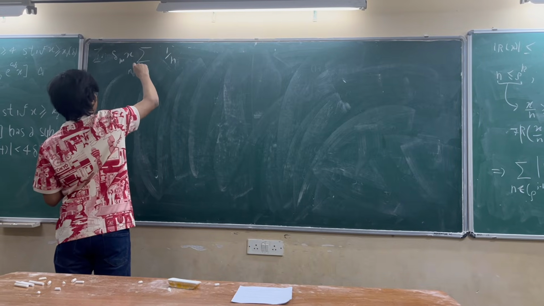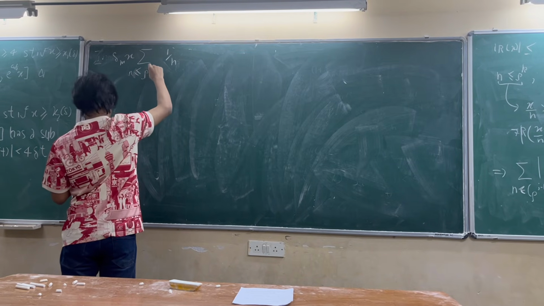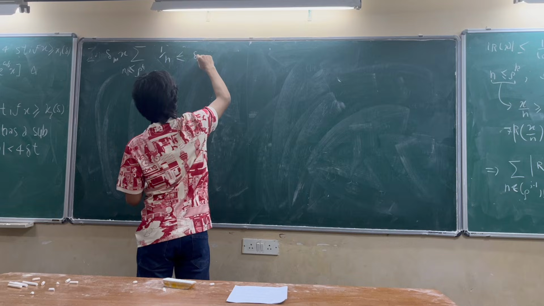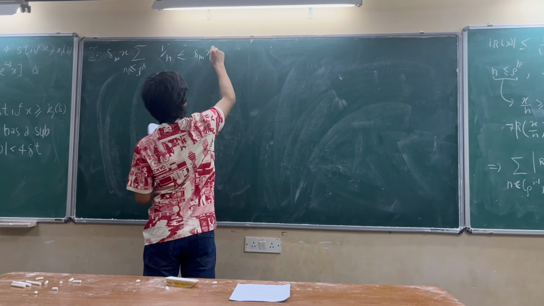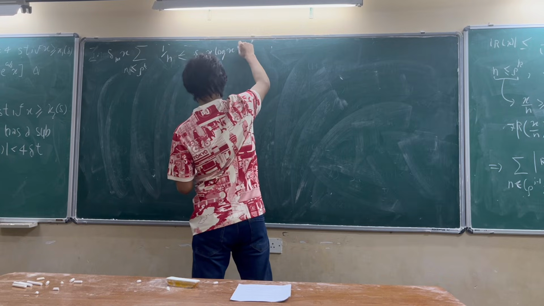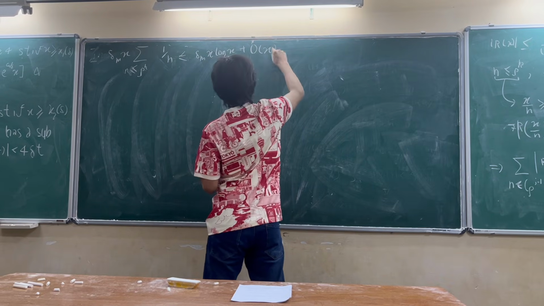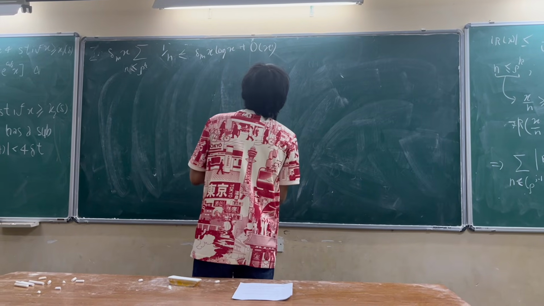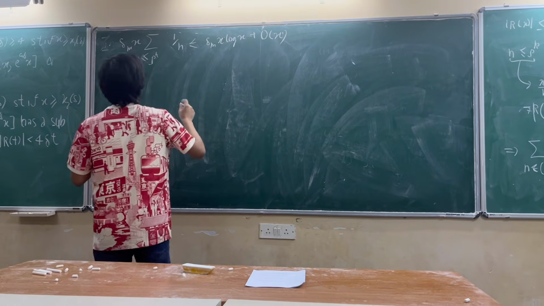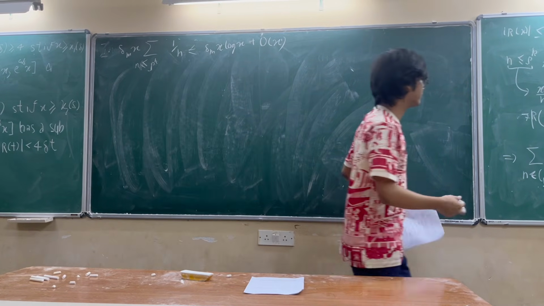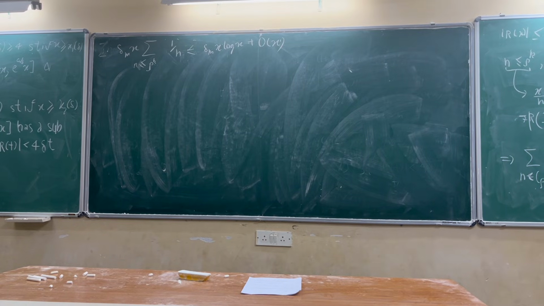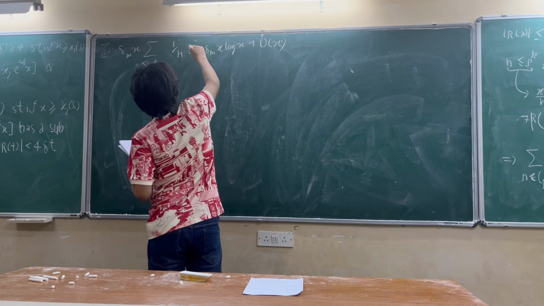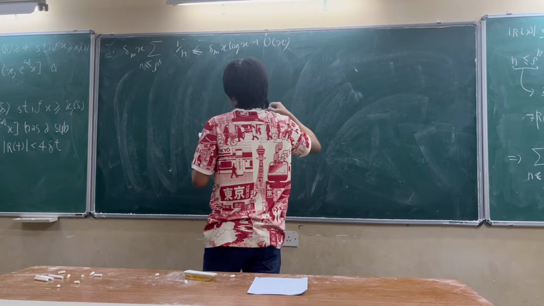Well, first we let n be equal to rho to the k, but this will be less than or equal to delta n x log x plus something of the order of x. And for the second term, when you have this delta n x constant for everything, it just comes out as a common factor, and this is bounded above by delta m x log x plus something of the order of x.